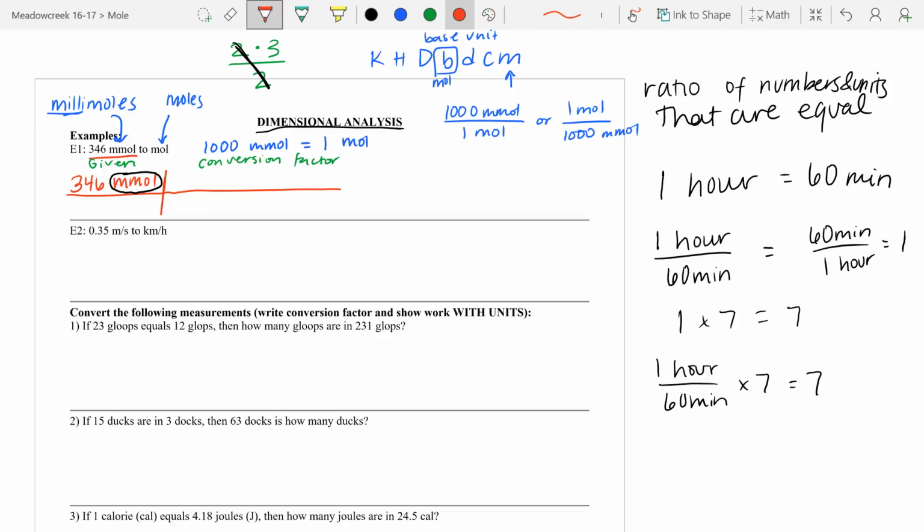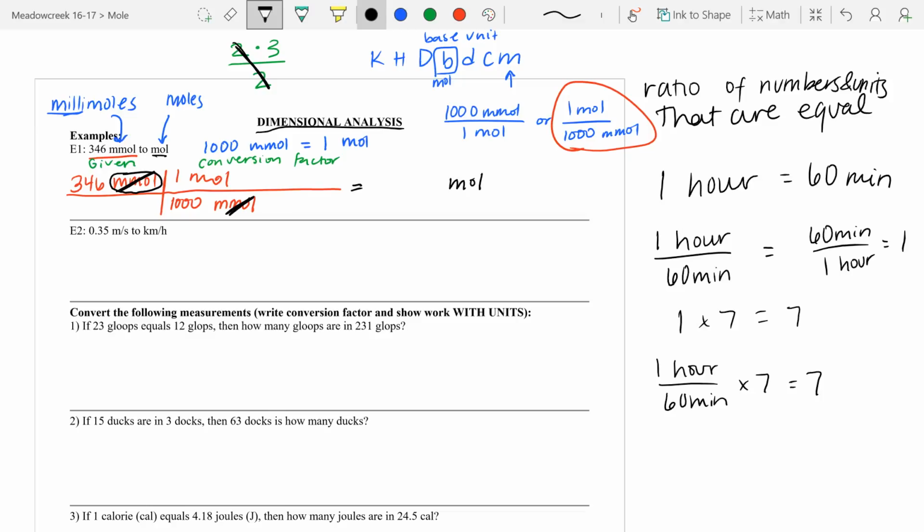So if I want to be able to cancel out millimoles, that means I need millimoles in the bottom, which means I will be using this conversion factor. So I'll put 1,000 millimoles on the bottom and 1 mole on the top. Now we see that my millimoles cancel out, and all I'll have left at the end is moles, which is perfect because that's what they were asking me for in the problem.